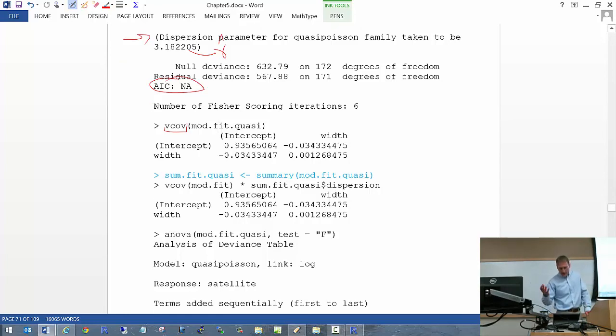And I already said this, but if we wanted to compare it to what we had with a regular Poisson regression model, first of all we can extract my gamma hat from the summary object. What I'm highlighting here in yellow is my gamma hat. There's a dispersion component of the list given to us by sum.fit.quasi. If I multiply that by the covariance matrix that we had before, notice that these two are all equal.